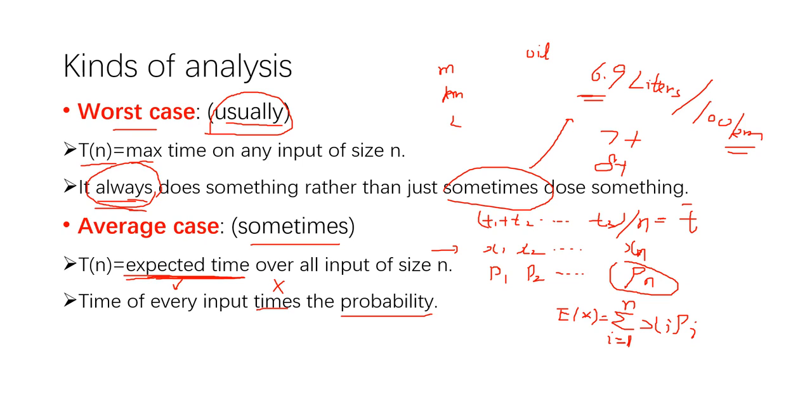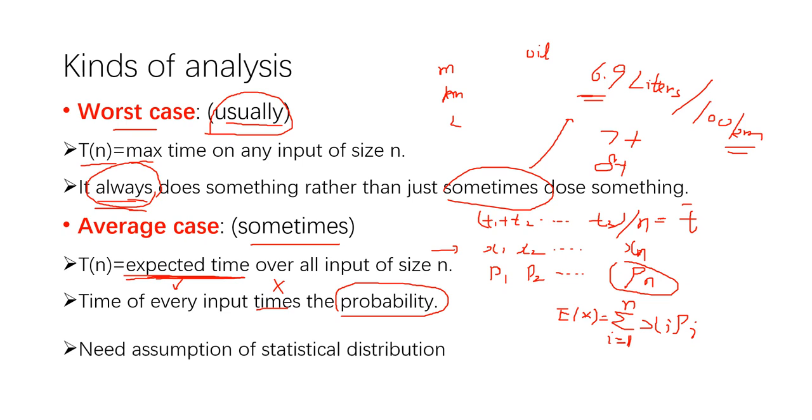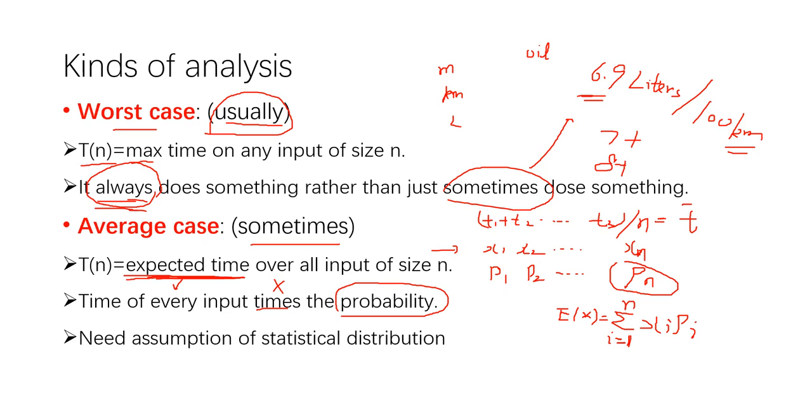So how do we know about the probability? The real thing is we don't know the probability. So if you need to calculate the average time or average case, we need to make an assumption. An assumption of what? An assumption of the statistical distribution.